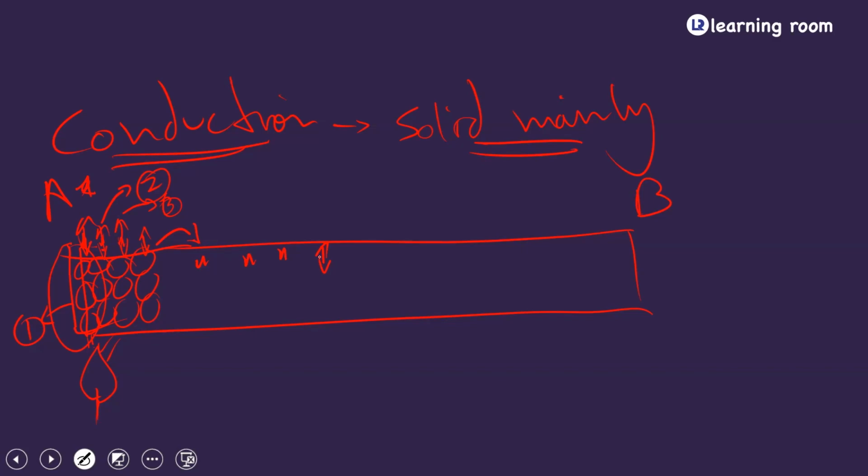If you read, you will understand. So this is the process which is happening in solids.